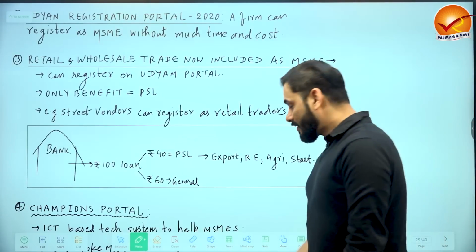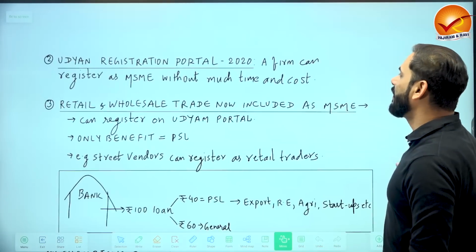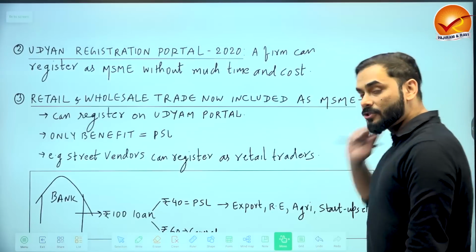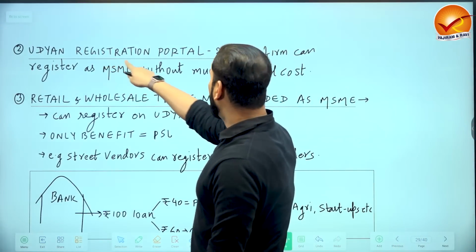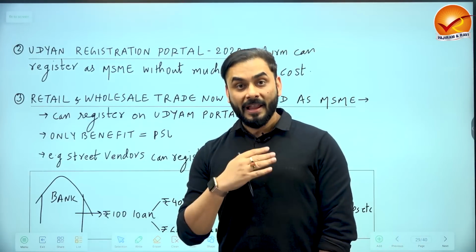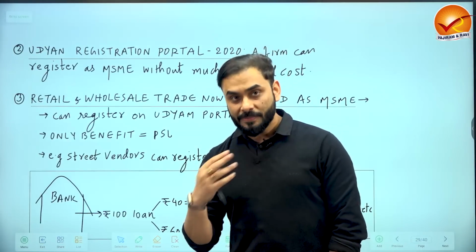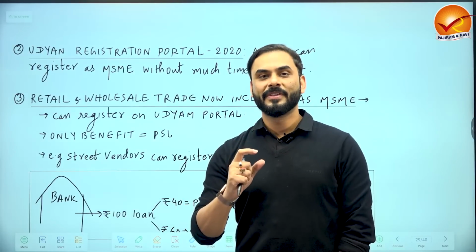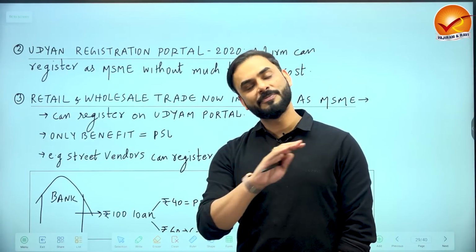Now, which are the schemes currently mentioned in the economic survey which are related to MSMEs? You have this scheme called Udyam Registration Portal. For example, if I am an MSME and I know that Government of India is giving me subsidy, etc., I need to register myself on this portal. And registration on the portal has been made very easy.